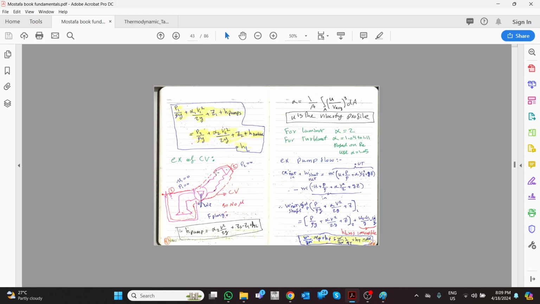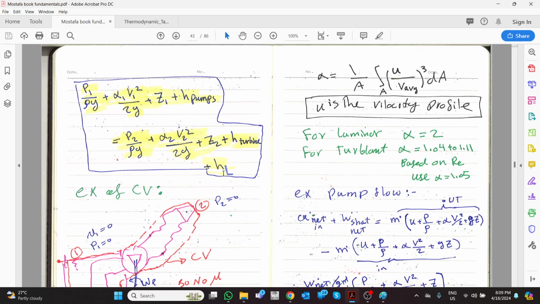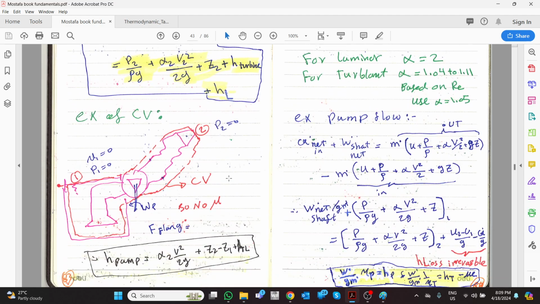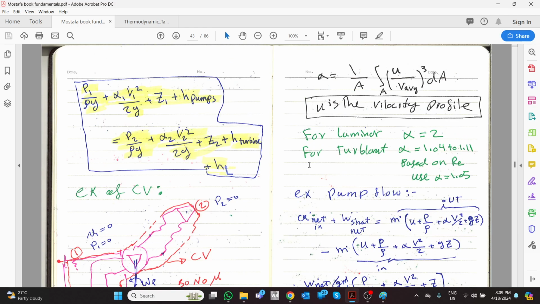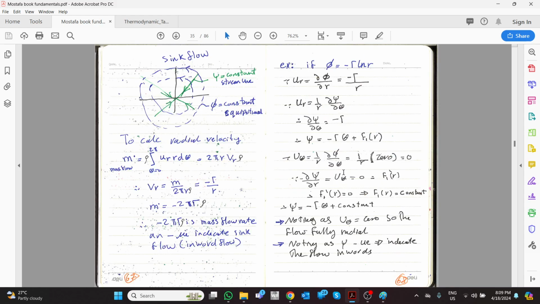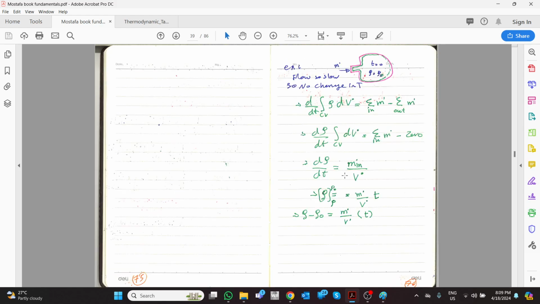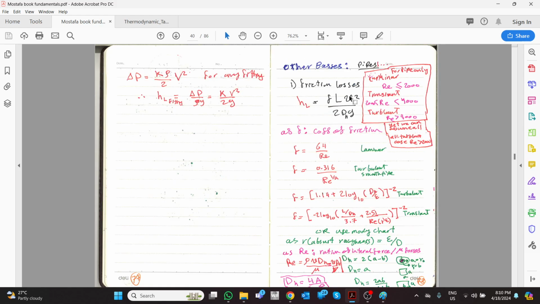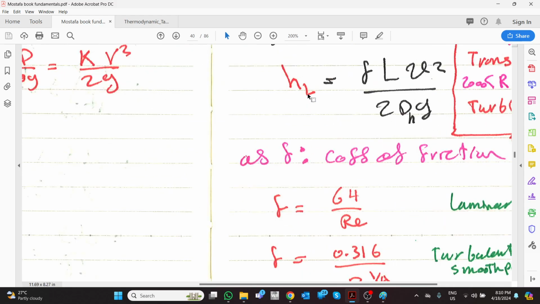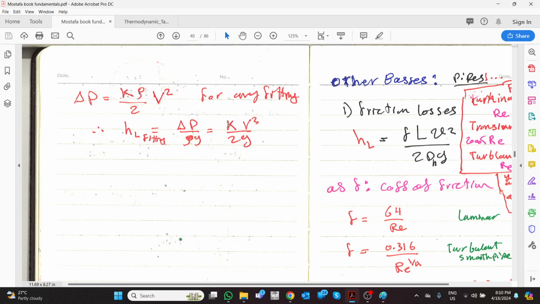Where is the control volume? About H losses, I remember that we opened it. Remember when we wrote that H losses is equal to blah blah blah, and we wrote here K fitting, or H loss fitting.